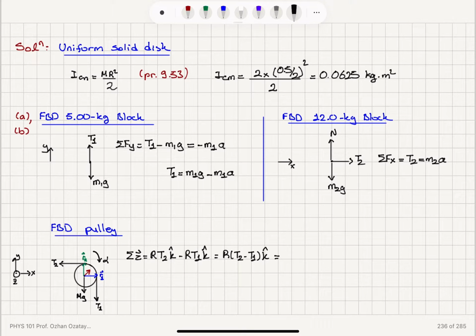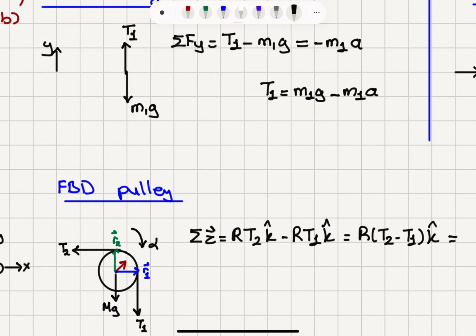Now we can choose a direction for our alpha. If the alpha is pointing in the clockwise direction, you can see that the alpha vector would be pointing in the minus k hat direction.